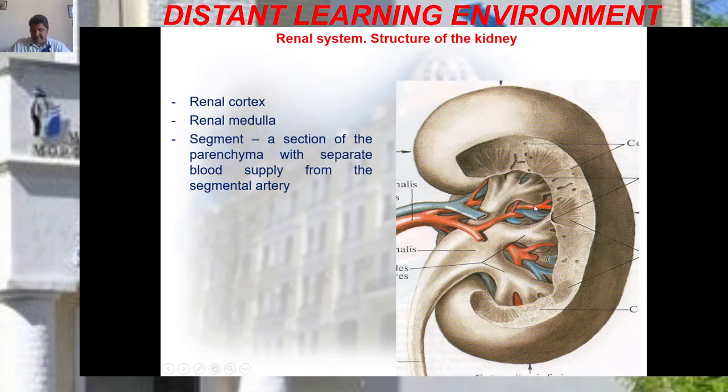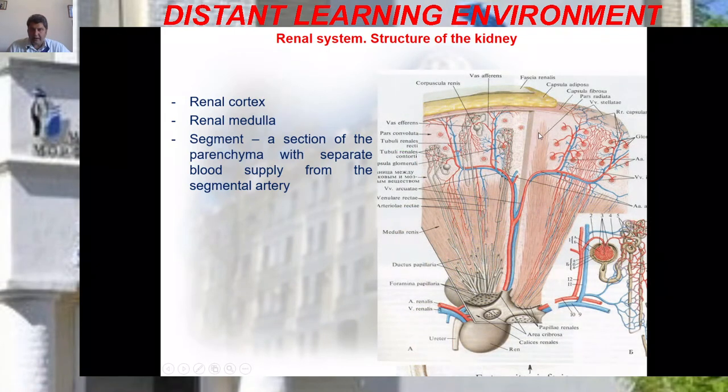The presence of the pyramids reflects the lobular structure of kidney. You may see column, you may see pyramids, and you may see area cribrosa, little tiny holes in the apical part of pyramid. Also, you may see the part of cortex renalis and medulla renalis.